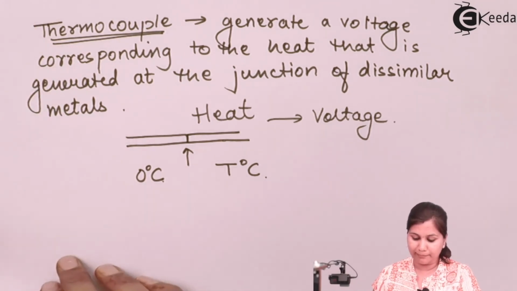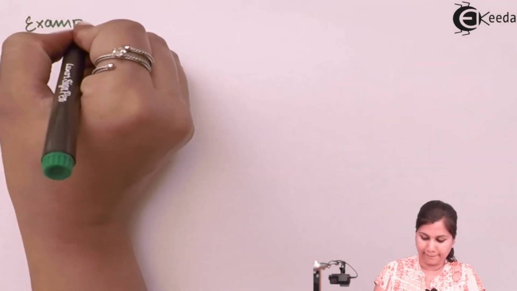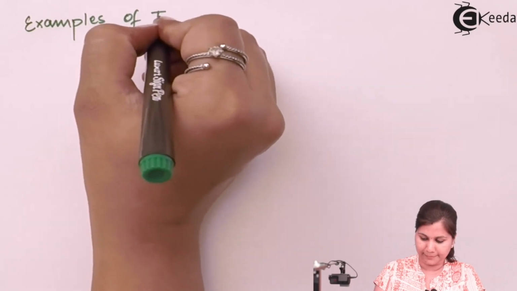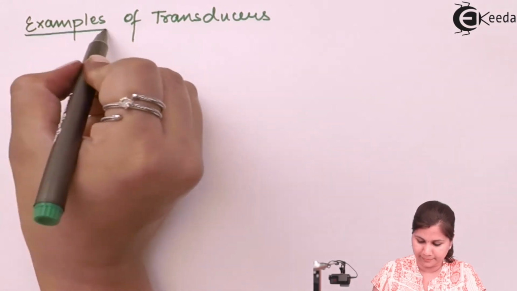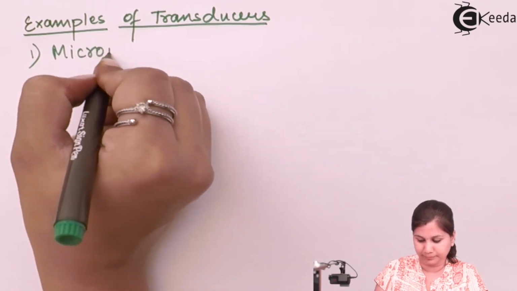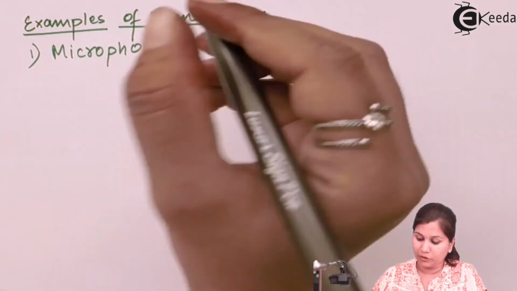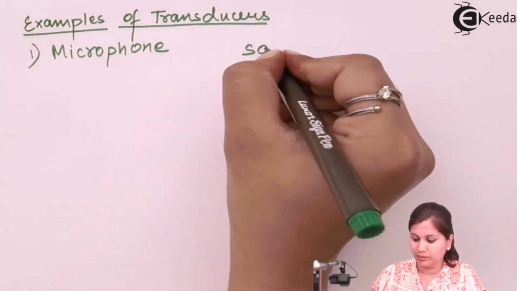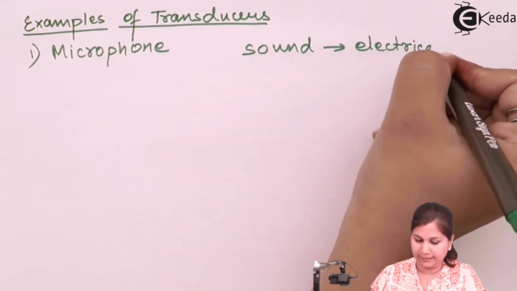If we see some other examples of transducers other than the thermocouple, one example is the microphone. A microphone is also an example of a transducer because it converts sound, which is a non-electrical quantity, into electrical impulses.